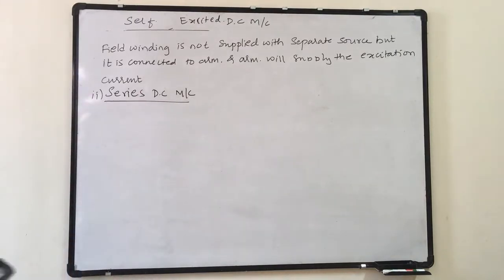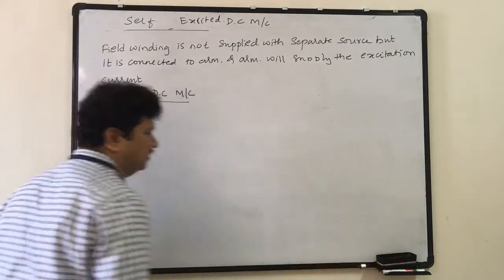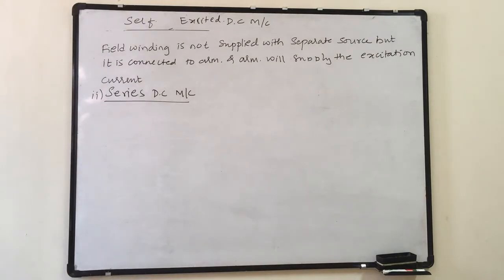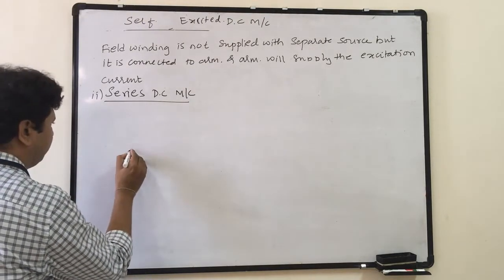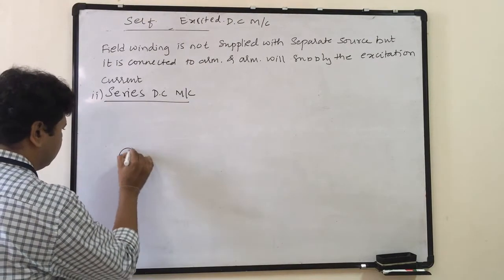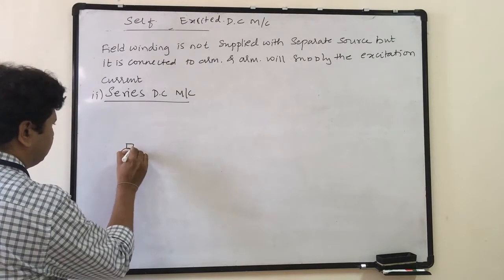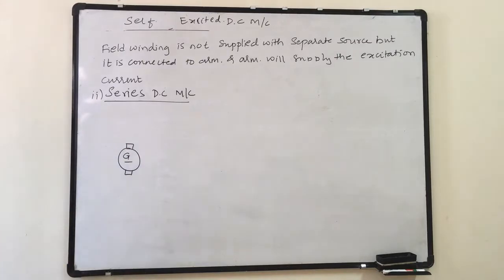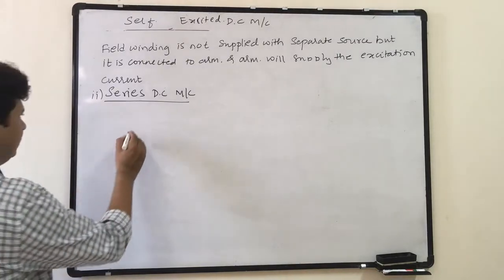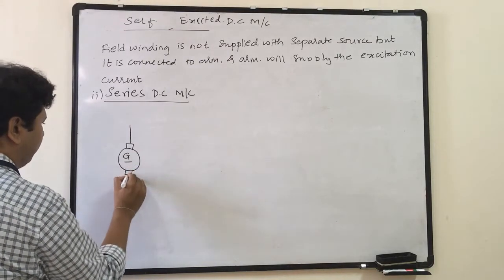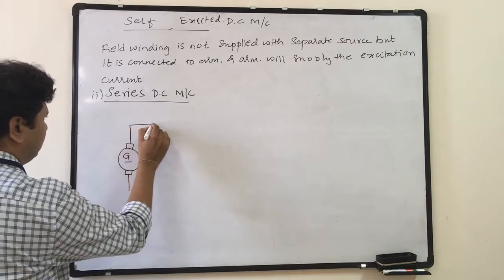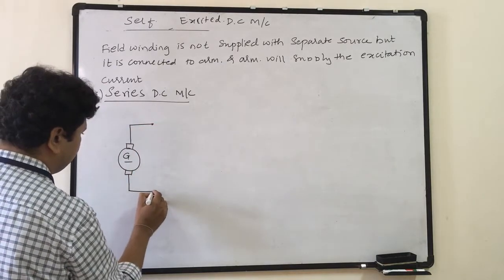As the name suggests, the field coil is kept in series with the armature. The same classification holds good for motors also. So when I take the motor part, I will not be dealing with the classification again, the types of motors.